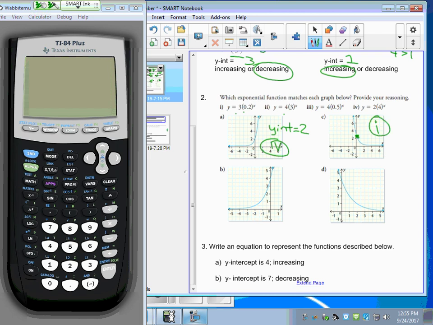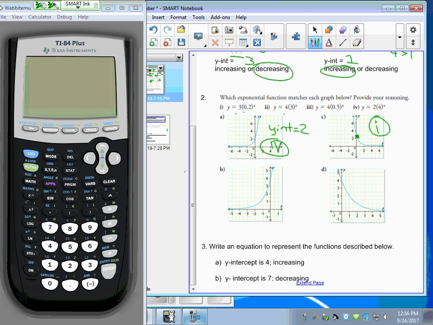All right, so now we're in a bit of a predicament. We see that both B and D have y-intercepts of 4, but we can tell that one of them is increasing and one of them is decreasing. So which one's increasing and which one's decreasing?